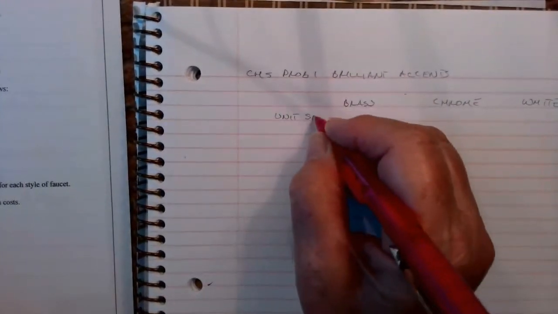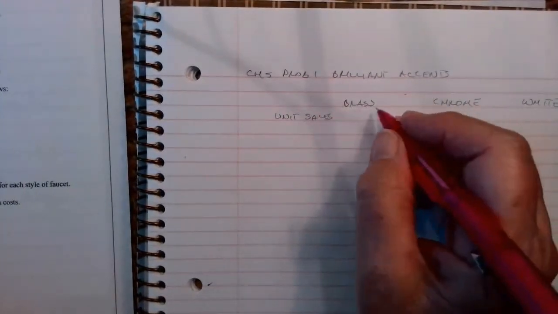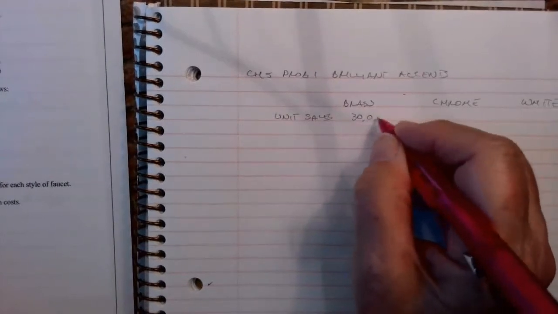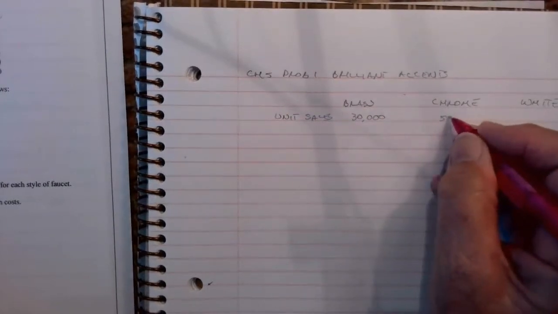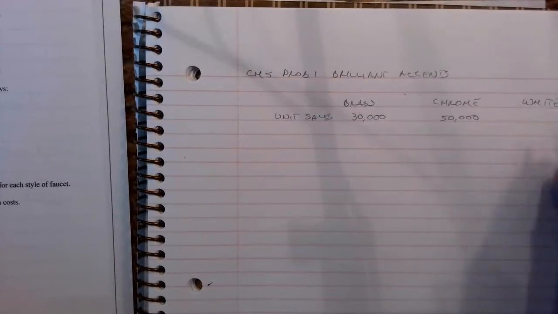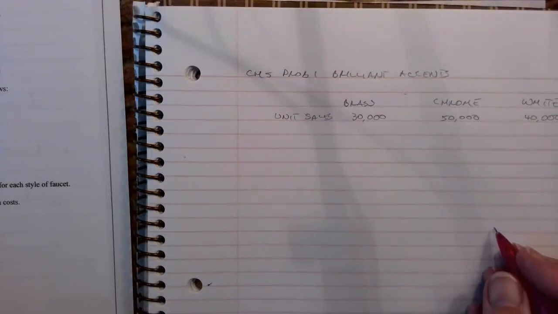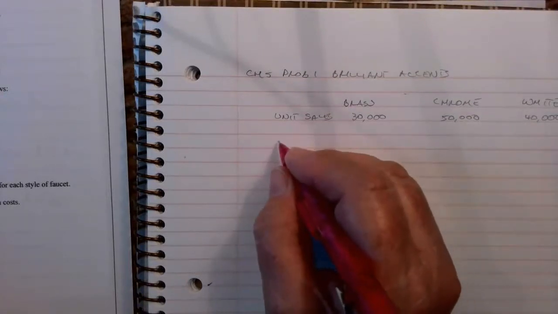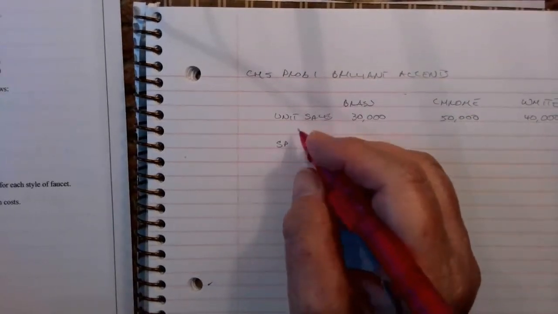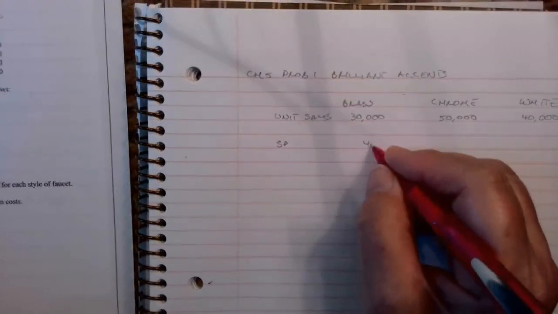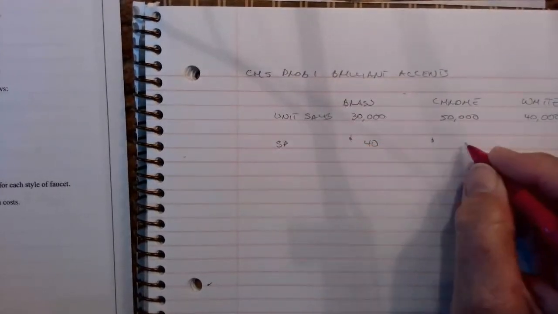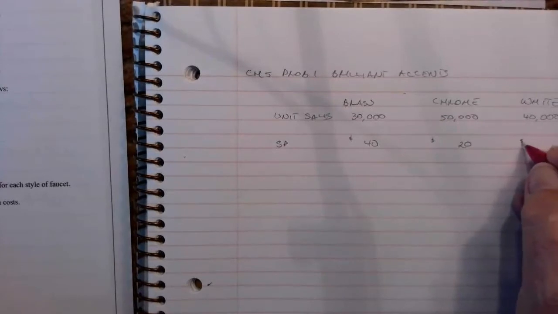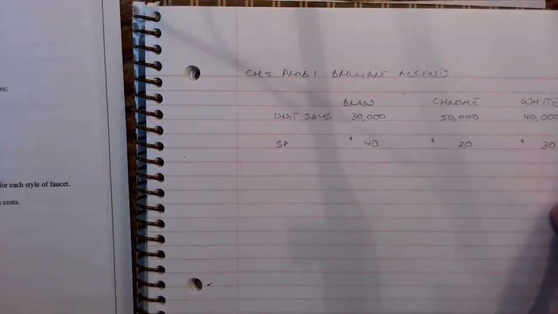I'm going to put unit sales here, just in case we need it, 30,000 and 50,000. The other thing this does for you is it gives you a chance to get oriented, so you know what you're looking at. And I've got a selling price per unit of 40, 20, and 30.